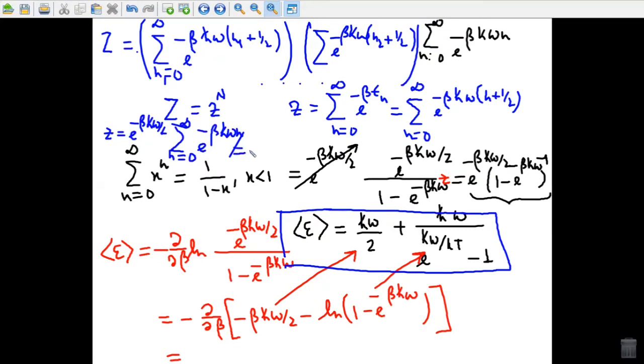And this can be calculated as e to the power minus beta h cut omega divided by 2, divided by 1 minus e to the power minus beta h cut omega.